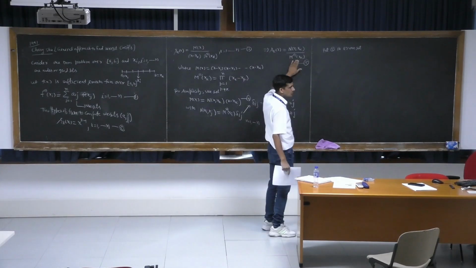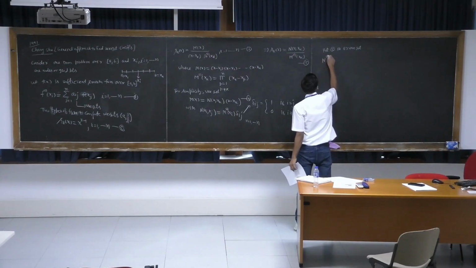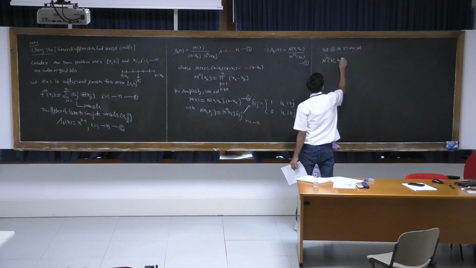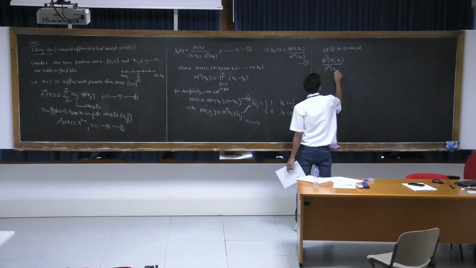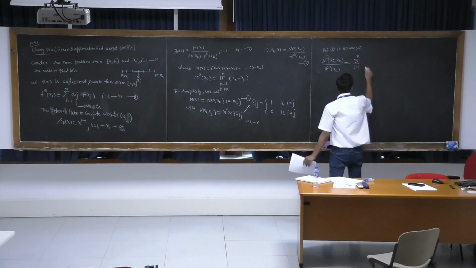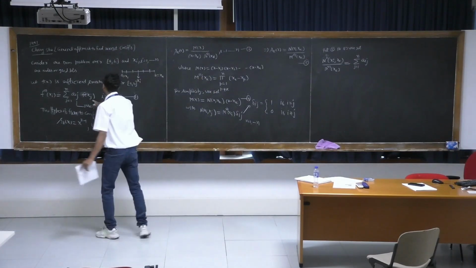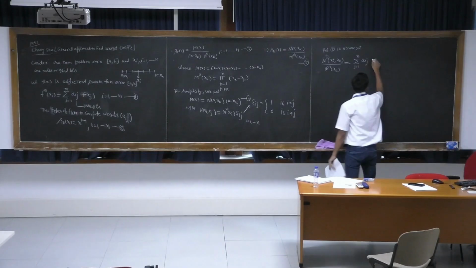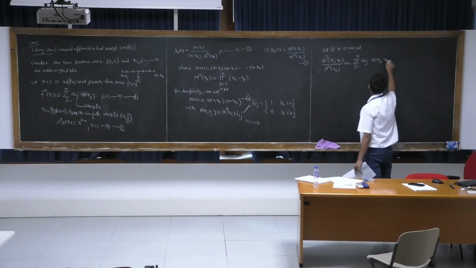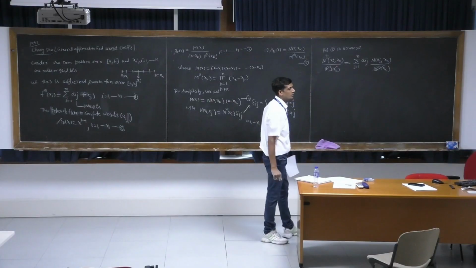So when I put it here, this is a constant because it is at point xk, so only its derivative at the point xi remains. This becomes the first derivative of N at xk divided by M' at xk, equal to the summation, with j running from 1 to n, of aij, the weights, times N of xj, xk divided by M1 at xk. Both are constants, so they cancel out.